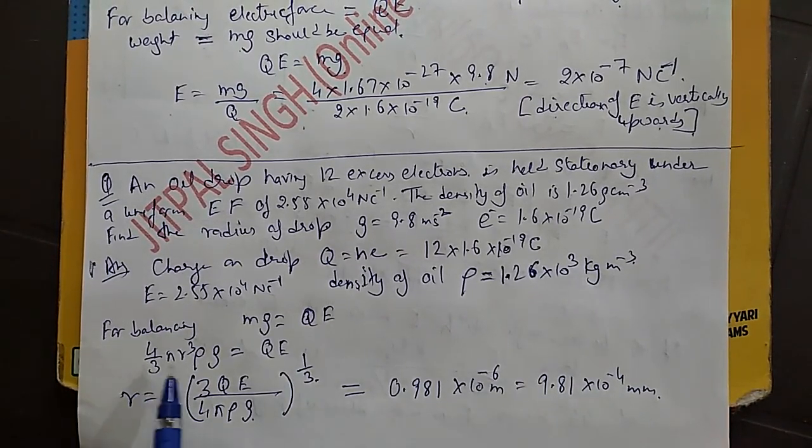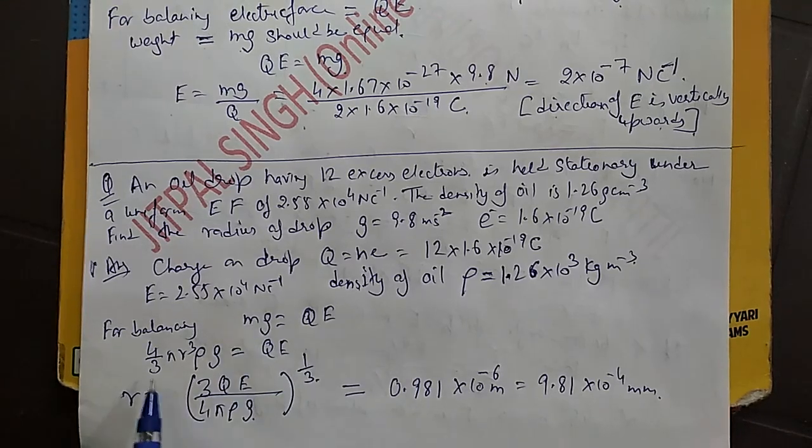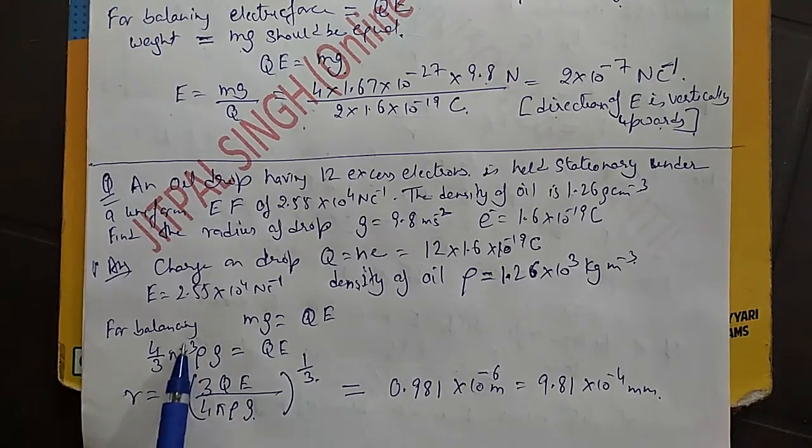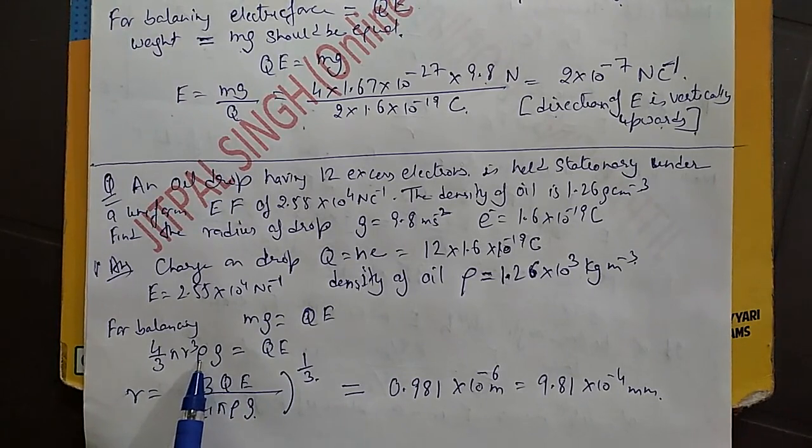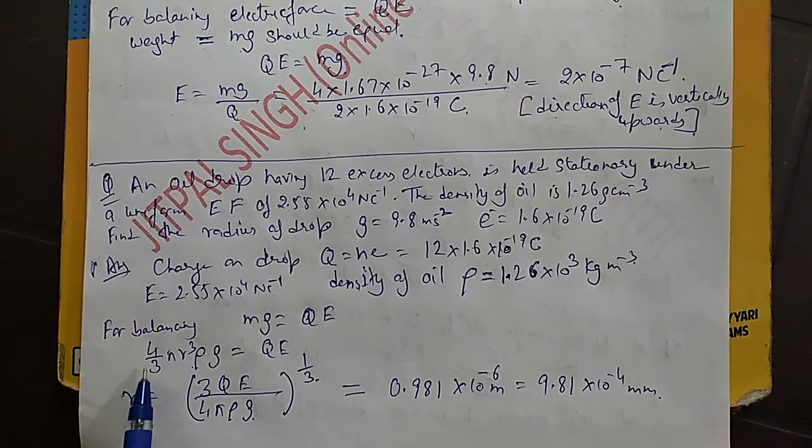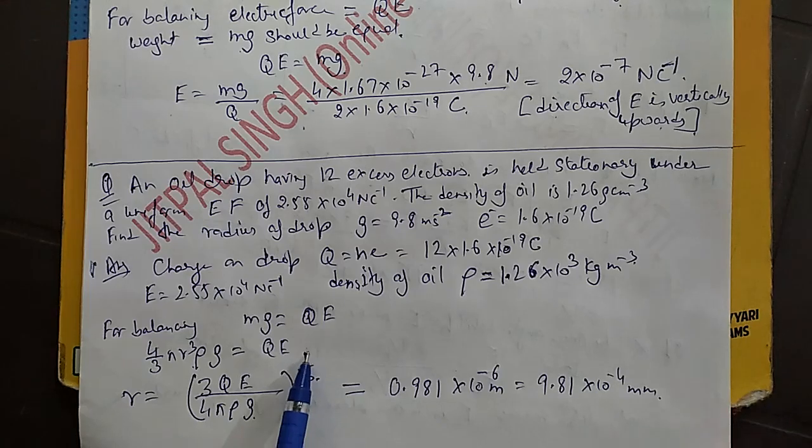Now for balancing, mg equal to QE, and this mass is represented by 4/3 π r³ ρ. Hope you remember, mass is volume into density, and a drop is actually a sphere. So here I have used volume of sphere into density, which is the mass, into g equal to QE.